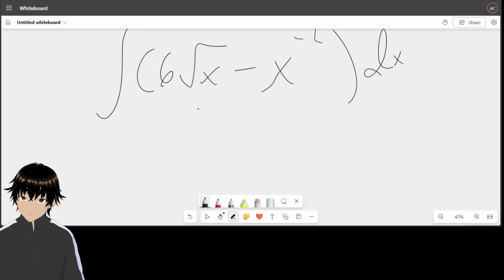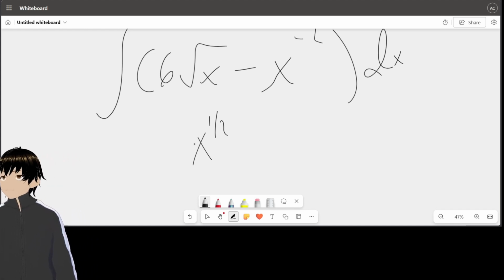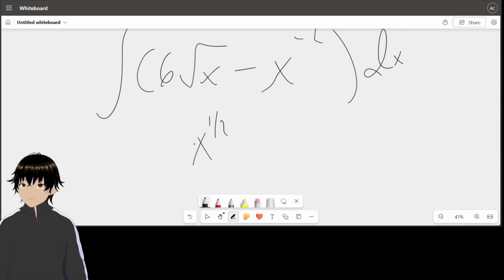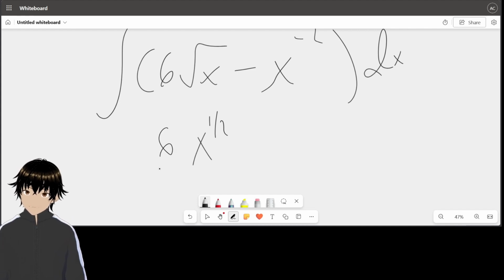Okay. So when you have a square root of x, the exponent is obviously going to be rewritten as x to the 1/2, and then you're just going to go with the same flow, I think. Hold on.